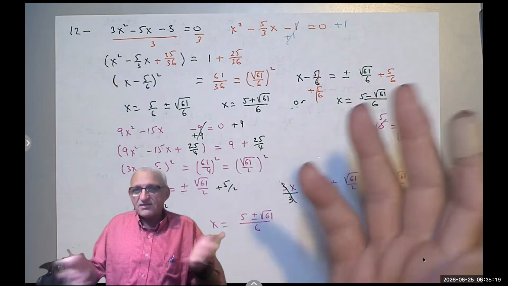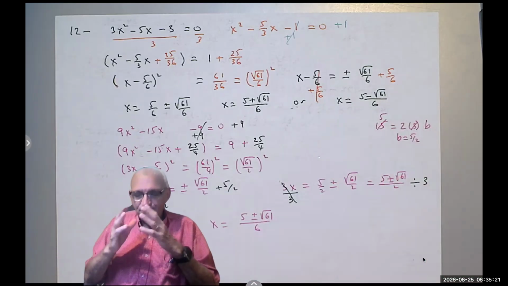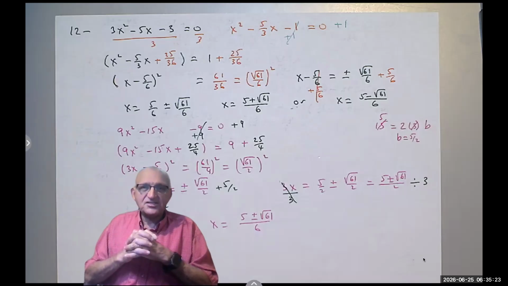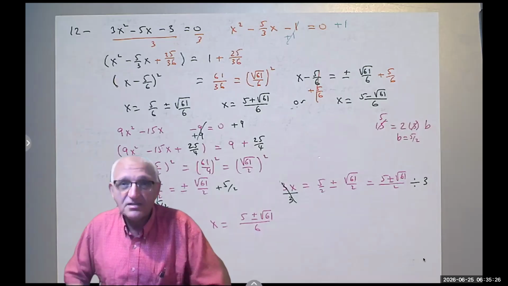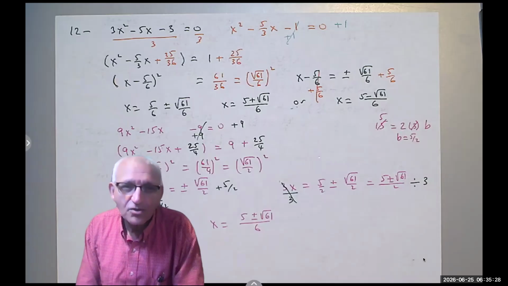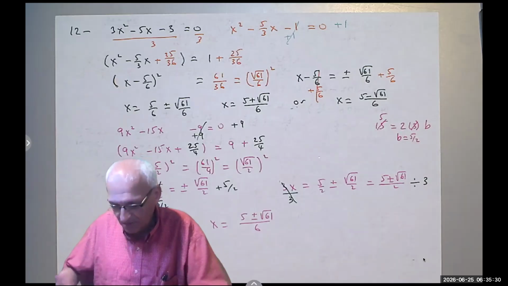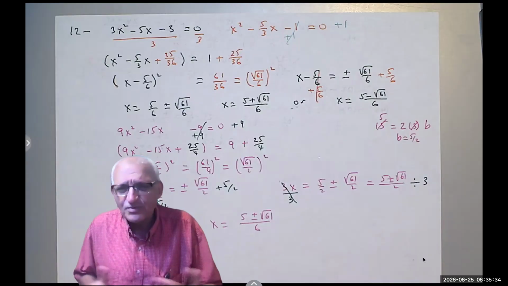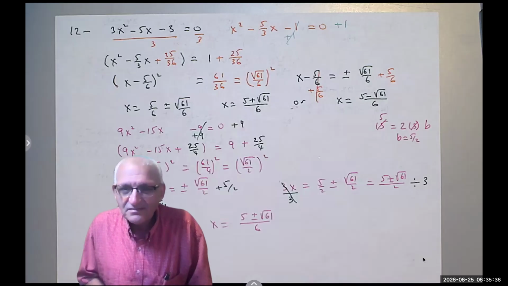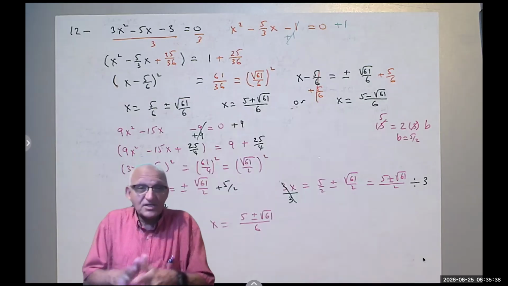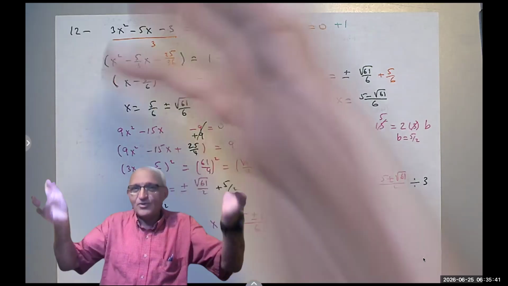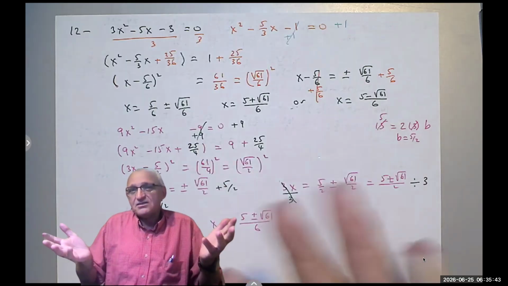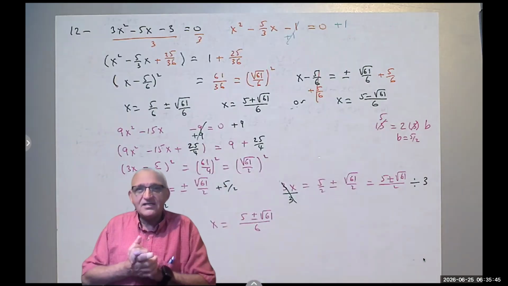If you want a method that works every time, we will do that next session when we do the quadratic formula. We'll see how the quadratic formula comes, how you find it if you forgot it, because most people just memorize it. I hate memorization, but sometimes we memorize, for example, the multiplication table, no big deal.